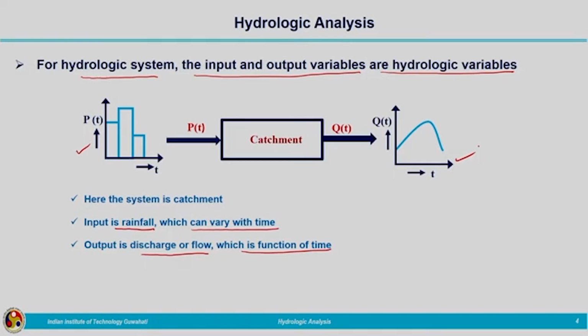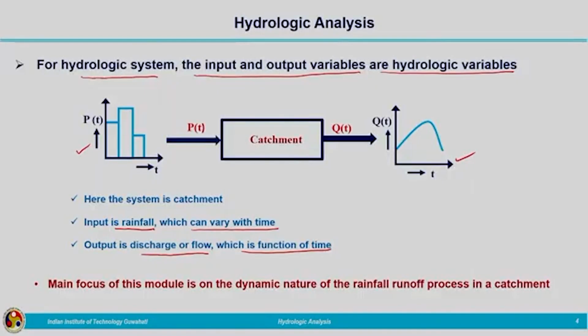The time distribution of the flow at the outlet of the catchment, we have seen, can be represented by means of a storm hydrograph. So rainfall is falling on the catchment, and after certain processes taking place, the remaining water will be converted to runoff. This is the complete hydrologic system. The system is acted upon by certain hydrologic input and certain output is produced, which is also a hydrologic variable.